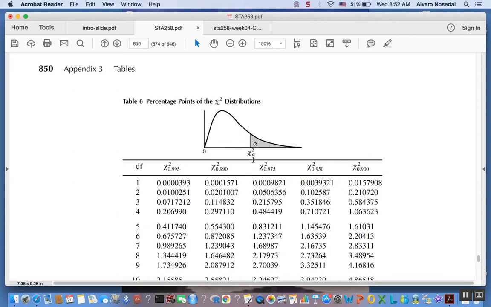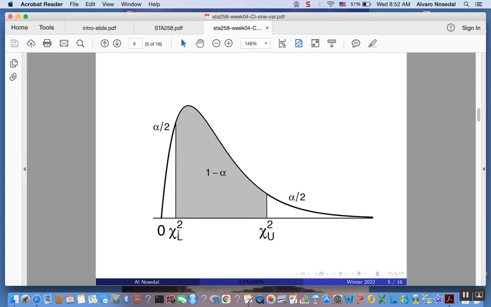So, going back to our graph, the area to the right of chi-square sub L would be 1 minus alpha divided by 2. Makes sense? To the right, we have all this.